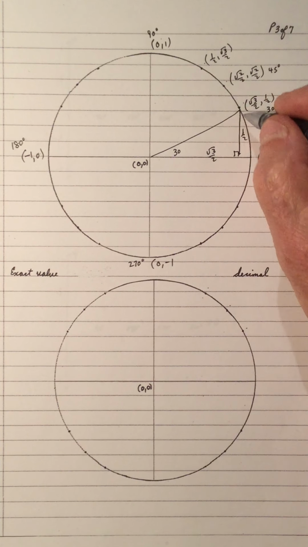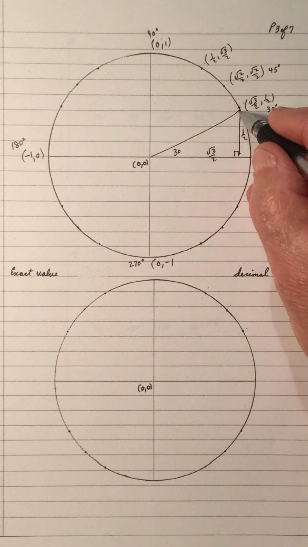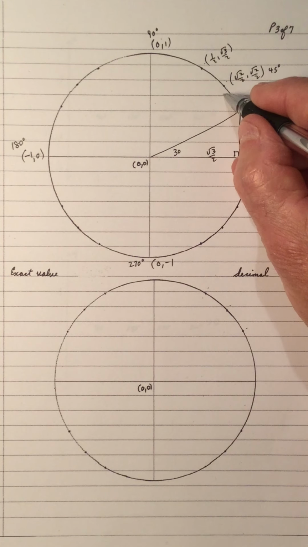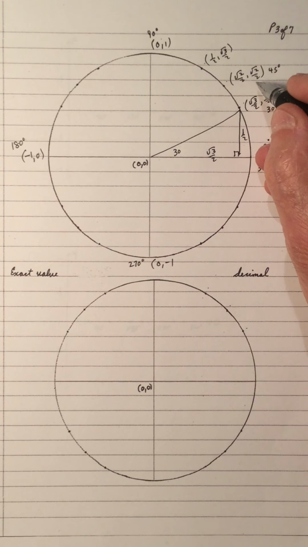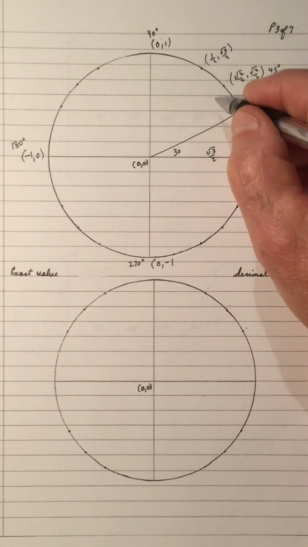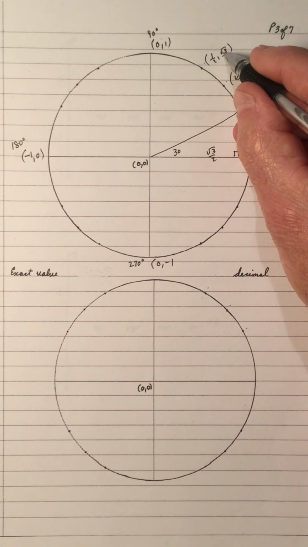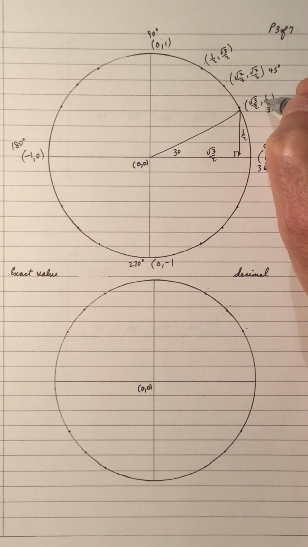So as the rotation goes up on the circle, notice that the y is 1/2 here. In the next triangle, the y is going to be more. So root 2 over 2 is larger than 1/2. In the third triangle, the y is higher again. So root 3 over 2 is greater than root 2 over 2 and 1/2.